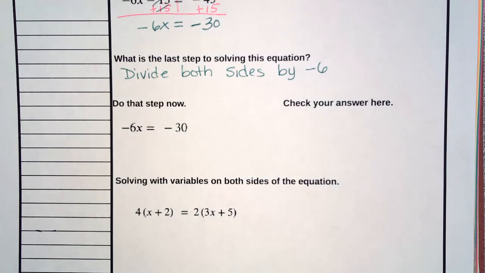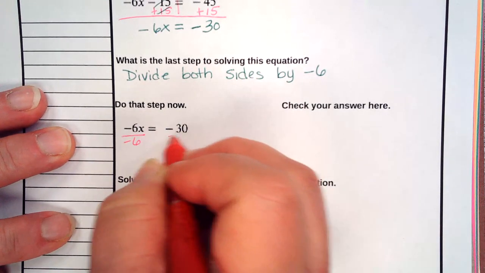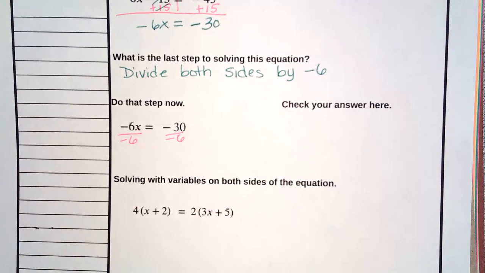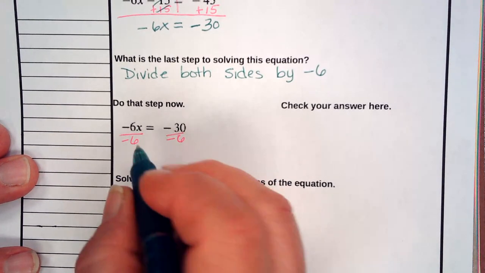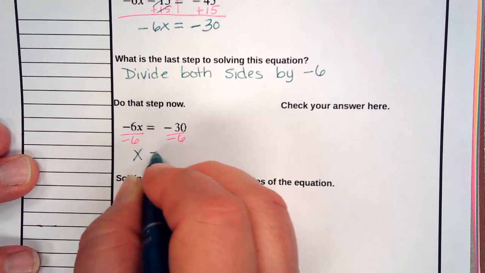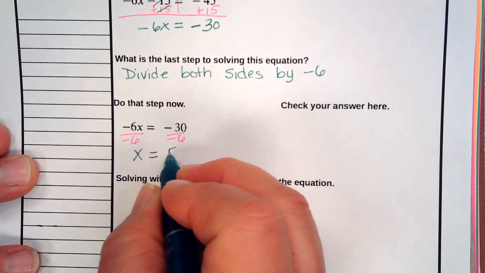Okay, so let's divide both sides by -6. -6 divided by -6 is 1, so I've canceled it out. X is equal to -30 divided by -6, which is 5.